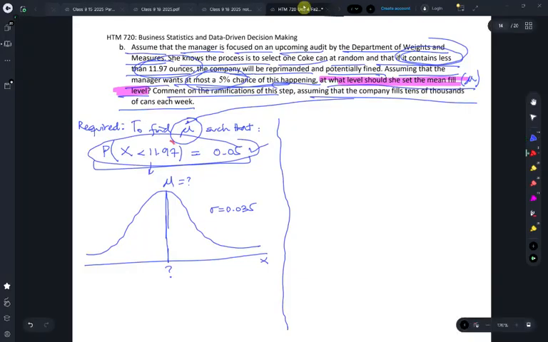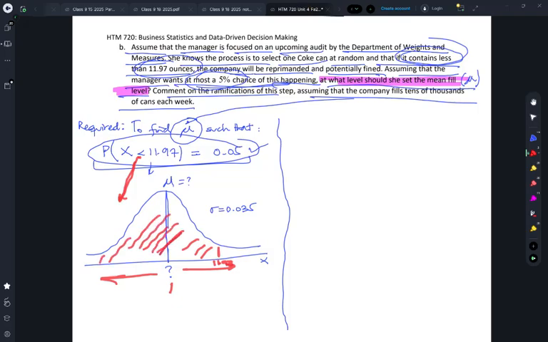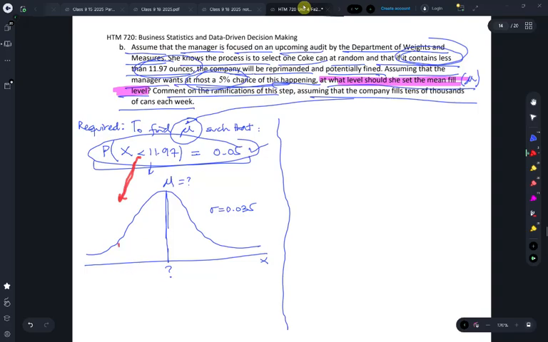Take note that 11.97, is it to the right or to the left of this unknown mean? If we set it to the right, the area below it, because you want less than, will be all of this area. That is more than 50% of the total area under the curve. Well, that would not align with our objective, which is at most 5%. So we know 11.97 is not to the right of that mean. It has to be to the left of the unknown mean.